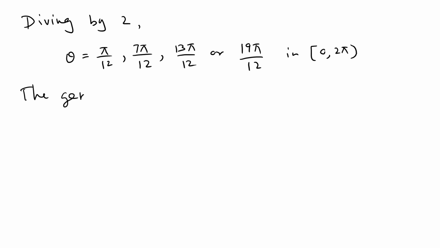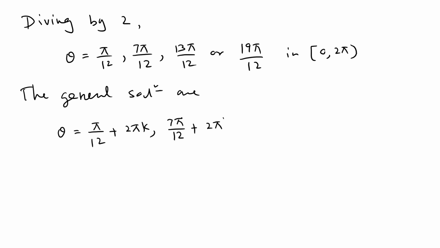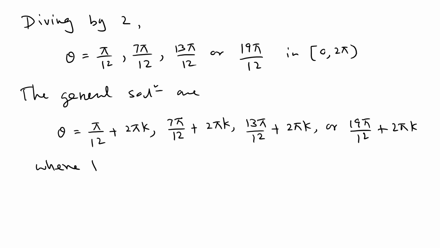So the general solutions are theta equals pi over 12 plus 2 pi k, and then 7 pi over 12 plus 2 pi k, and then 13 pi over 12 plus 2 pi k, and finally 19 pi over 12 plus 2 pi k, where k is an integer.